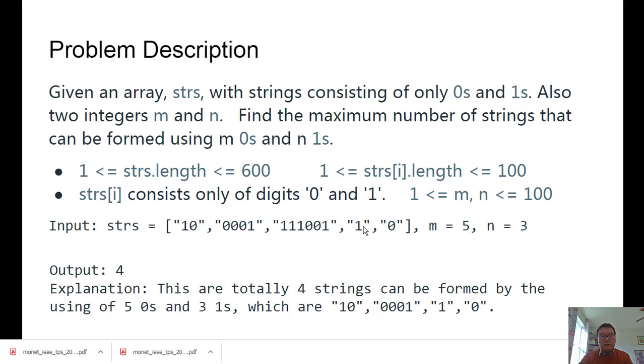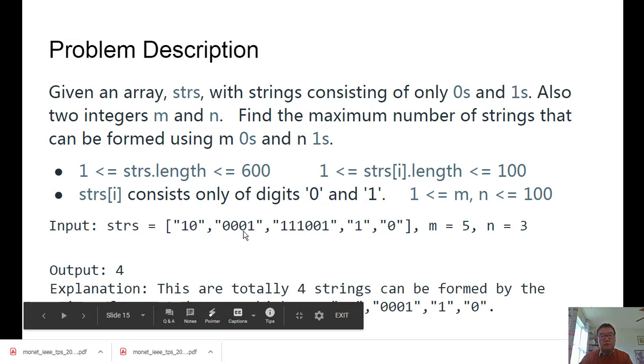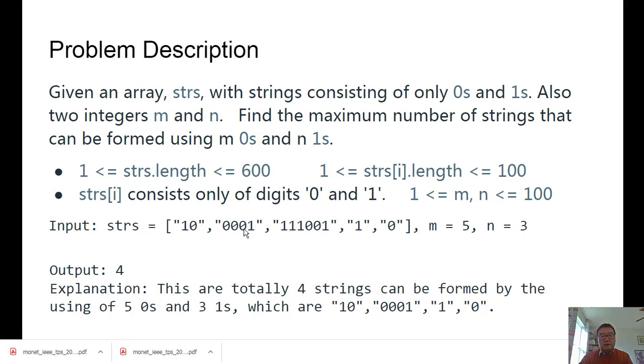If we were to do it manually, we'll probably do a little bit of a greedy, because this only uses a 1 0 and 1 1. So we form these 2, and then we form these 2, and then we add this. This would use 3 ones and 5 zeros, so that's exactly using up everything.